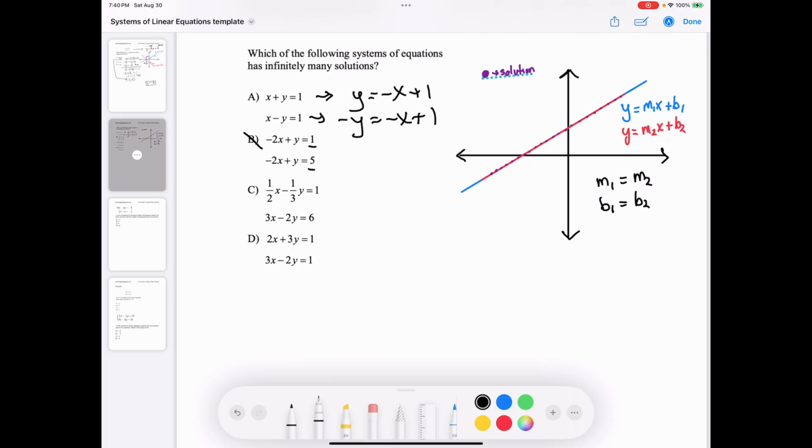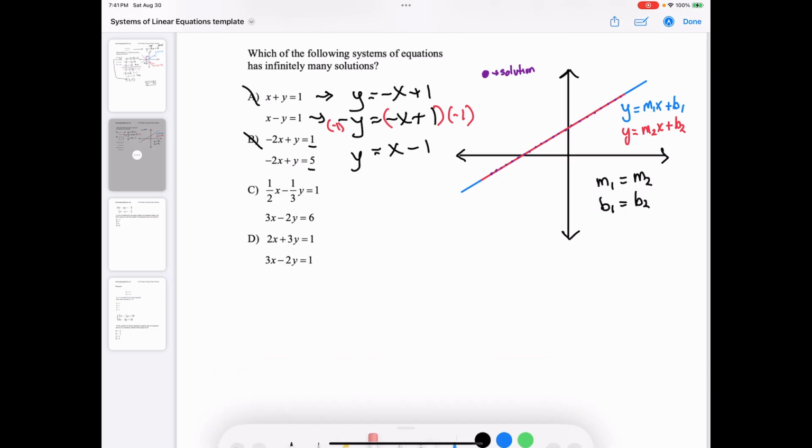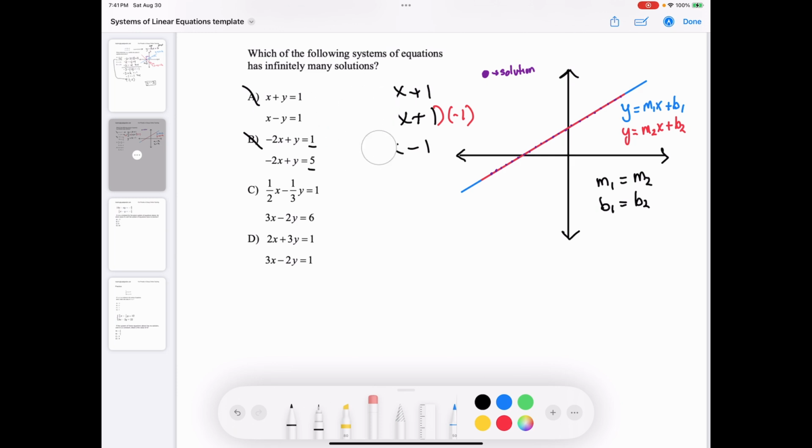But now I have to get rid of that negative, so that means I have to multiply by negative 1 on both sides, which gives me y is equal to, you're essentially flipping the signs for everything. So instead of negative, you're going to end up with positive x and negative 1. Again, those are not the same functions, so A is eliminated from consideration, okay? All right, so I'm left with C and D.